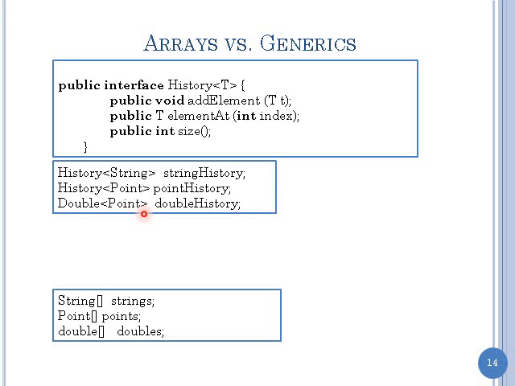This should have been history of double. Okay, so I saw some confused faces. I was wondering why you were confused. So this should be history double. Okay, I'll try to remember to correct it. So, what am I doing here? What's the commonality? Austin? You're saying you want an array of type string, pointer, double. So I'm parameterizing by type in both cases, right?